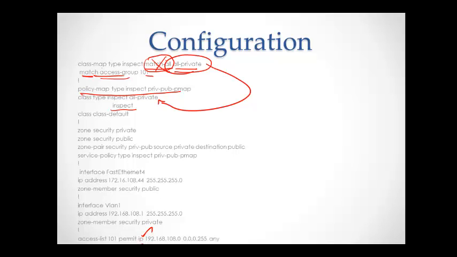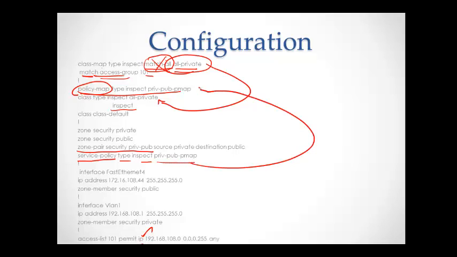Now this policy map has to be called under the zone pair. So go inside the zone pair and say service policy type inspect, and call the policy map name. That's all. See, we have not applied the zone pair, or our policy map, under the interface.